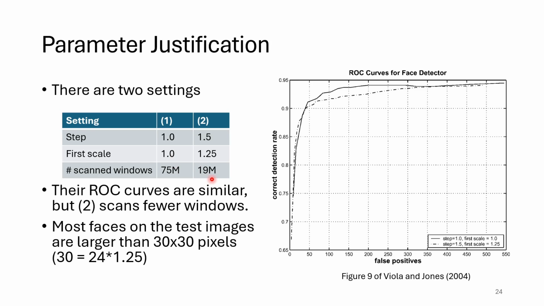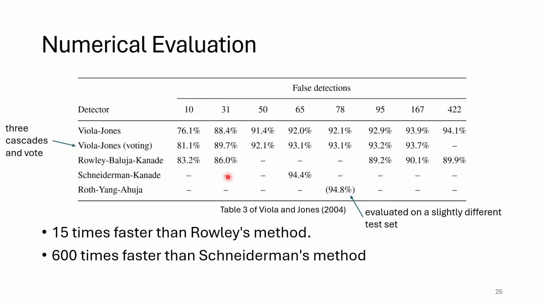However, how about their performance? Comparing the two ROC curves, you can find they are highly similar to each other. So if they want to process their algorithm very quickly, of course, reasonable people will choose setting 2.